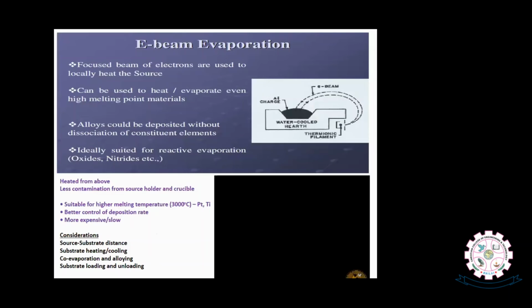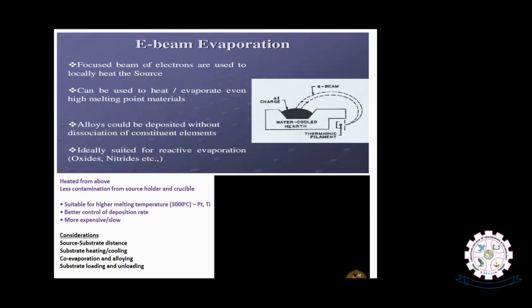But suppose I want to make iron and platinum as an alloy. In that case, it's not very easy to evaporate simultaneously, because iron has one melting point, platinum has another melting point.